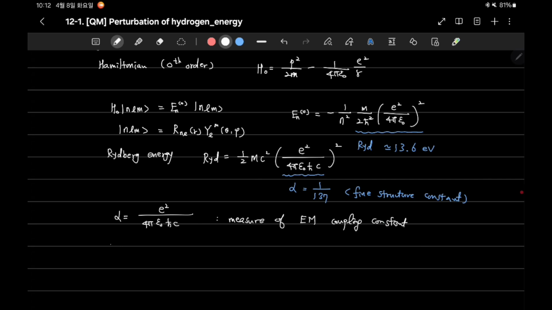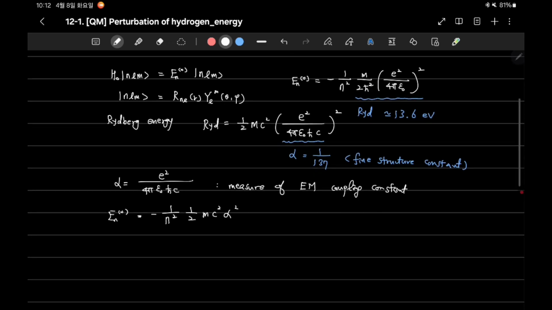So in terms of this, E_n^0 can be written as minus 1 over n squared times one half mc squared alpha squared. So the unperturbed energy for the 1s state, n equal to 1, is minus one half mc squared alpha squared, corresponding to the Rydberg energy, minus 13.6 electron volt.